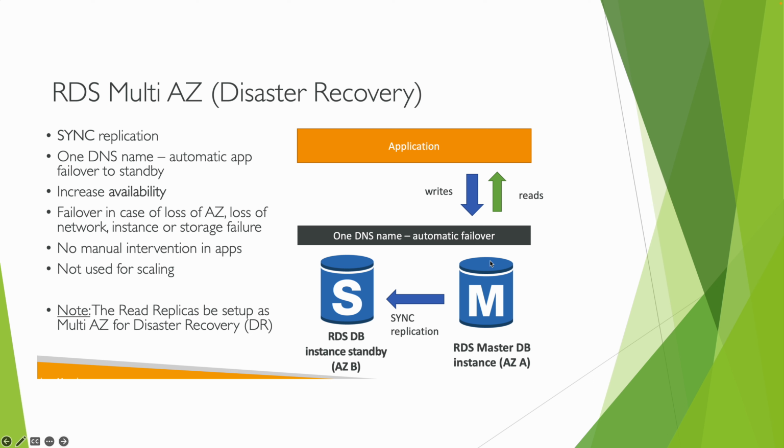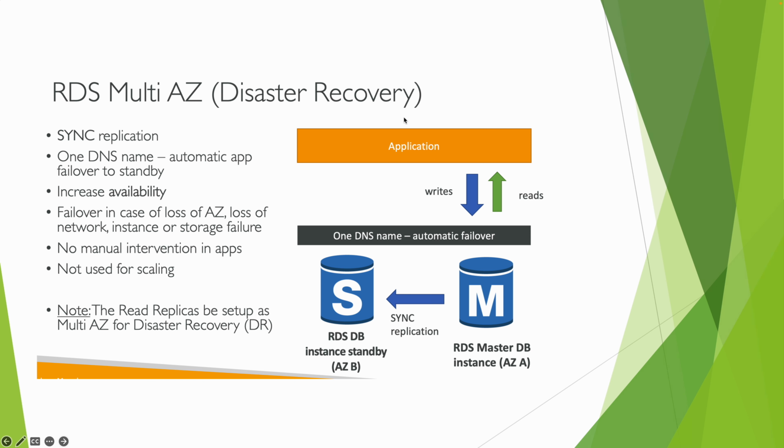So what is the use of putting this standby instance for your applications? Say this is availability zone A and availability zone B with a standby database, and your application is using the master DB in the beginning. Whenever there is an issue or disaster in availability zone A and the master goes down, you can promote this standby as your master, and it will be used for the application.